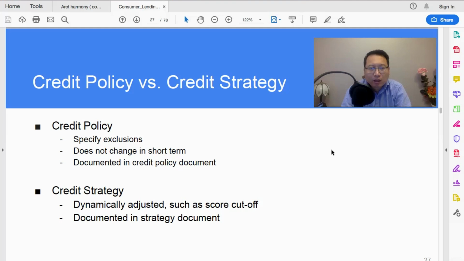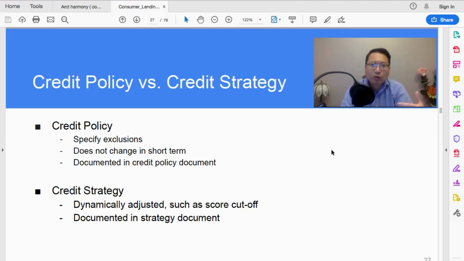If you documented that in the credit policy document, that would mean every time you change a simple score cutoff, you have to go through the whole process. Maybe there's some committee meeting review and document that. That's just a lot of work.